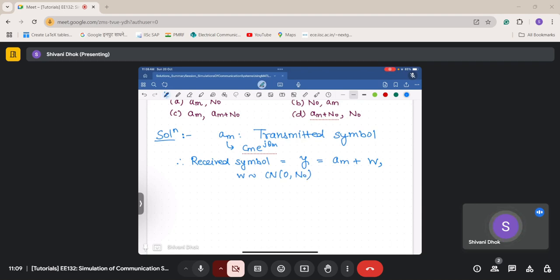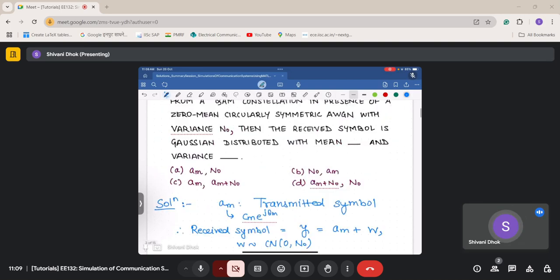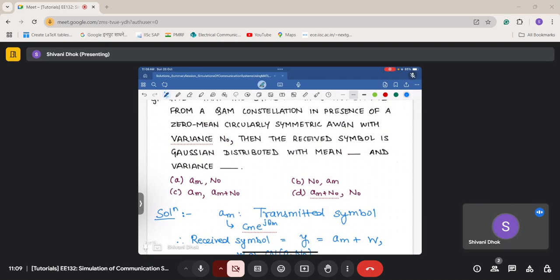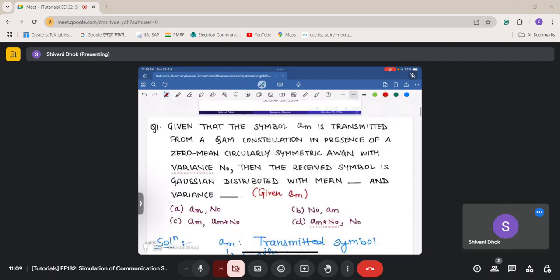And it is given to us that this particular noise is zero mean circularly symmetric Gaussian with variance N naught. And one small thing that you need to consider here is that the statistics you need to find are given AM. So everything is given AM.